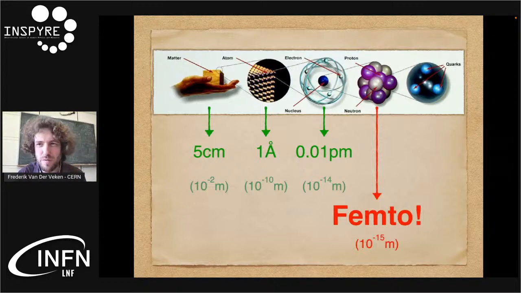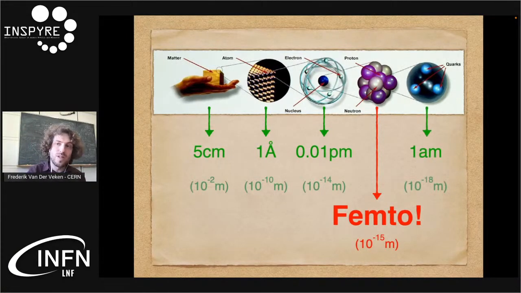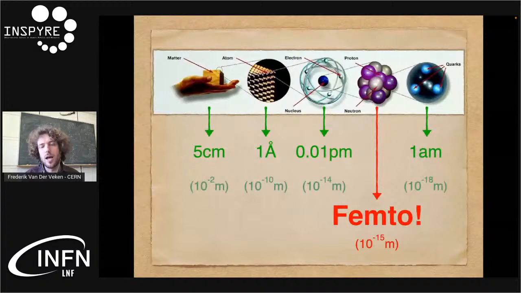So that's why we call it femtoscale, because in these machines, we are typically colliding protons on each other, like we do, for example, in this big accelerator at CERN, where I'm working, the Large Hadron Collider. And of course, protons and neutrons are made of quarks, which are then still 1,000 times smaller. We're talking attometers, 10 to the minus 18.